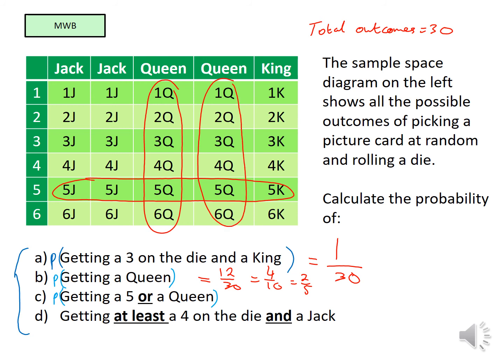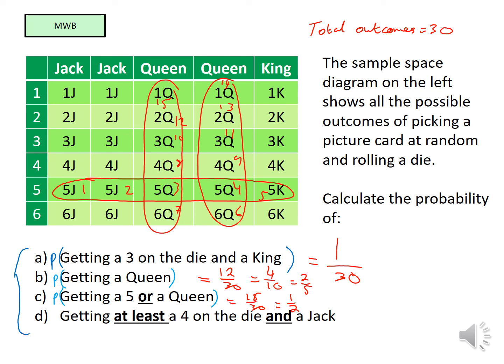We have 1, 2, 3, 4, 5, 6, 7, 8, 9, 10, 11, 12, 13, 14 and 15. So the probability would be equal to 15 over 30, which equals a half.